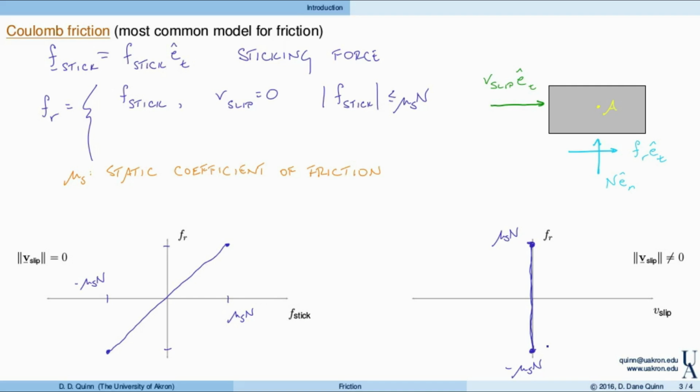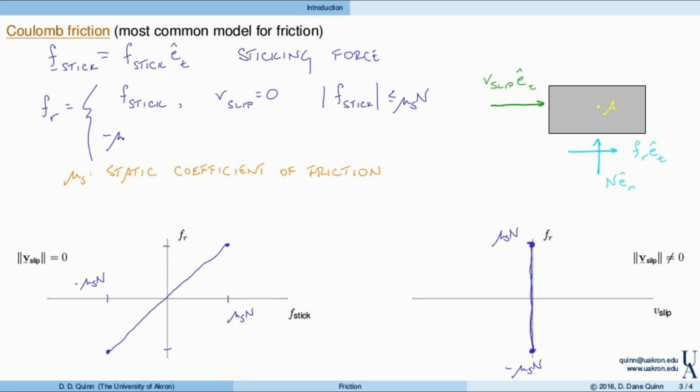So now, what happens when there is relative motion? Well, in that case, the friction force is actually known. Again, when there's no slip, then we know exactly the relative velocity. It's 0. But we don't know the force. If there is slip, we don't know the velocity, but we do know the force now.